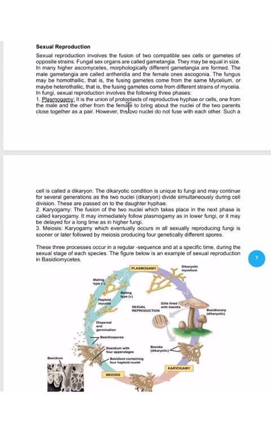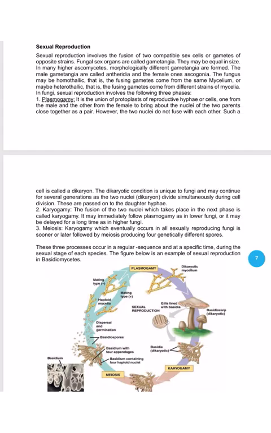The first phase is plasmogamy. This is the union of the protoplasm of the two gametes or the two hyphae, on different mycelia or on the same mycelium. So this is a fusion between the protoplasm of the two cells. But at this stage, the nuclei remain separate.